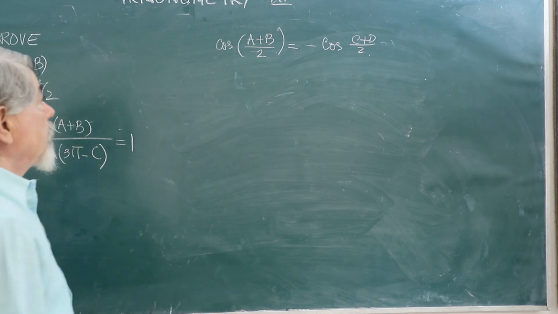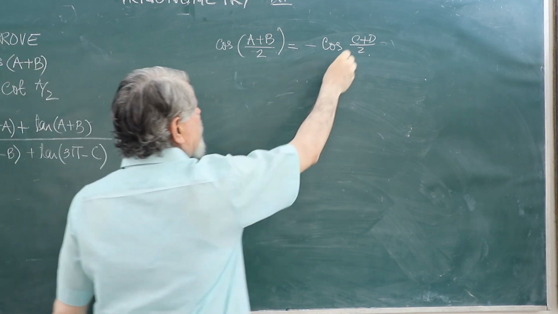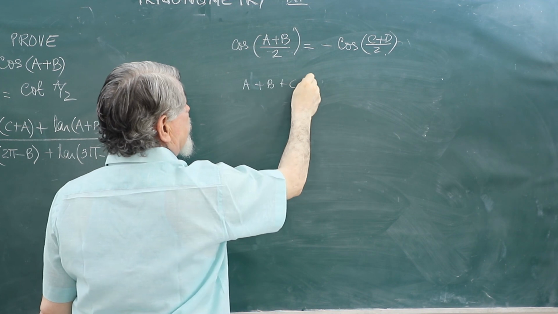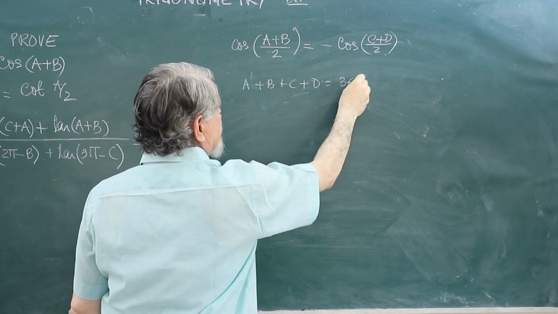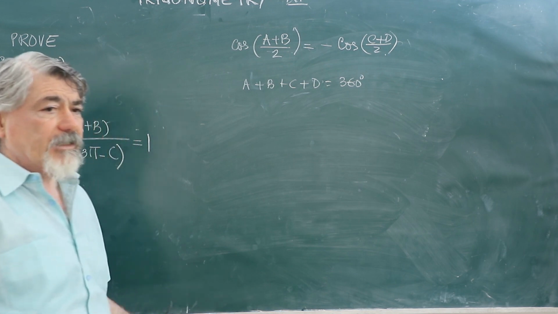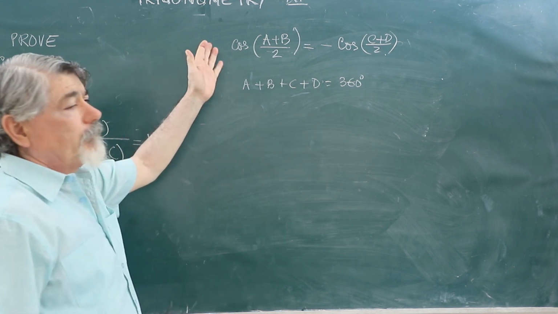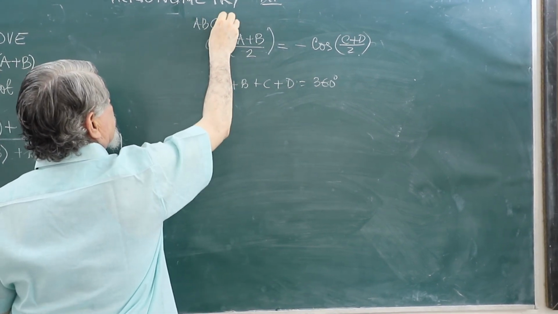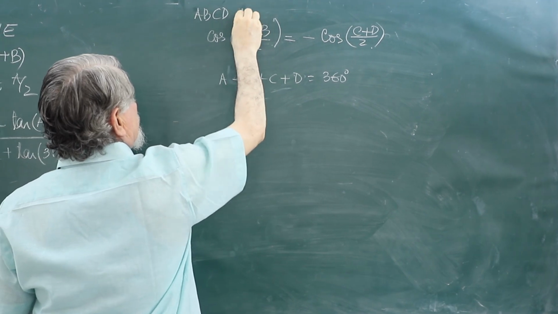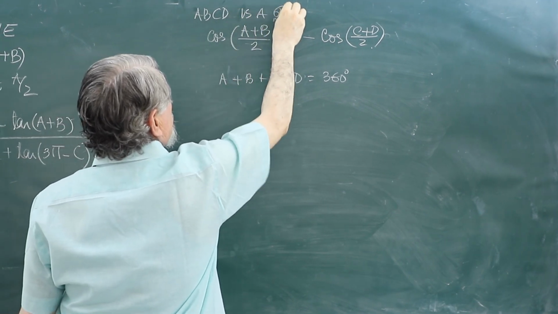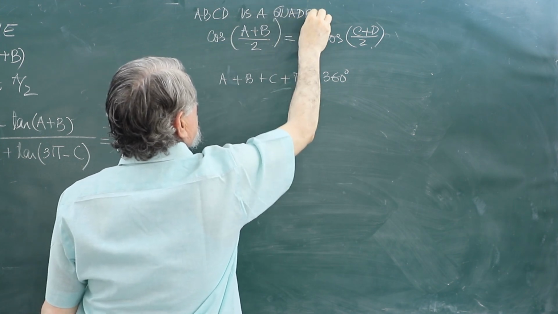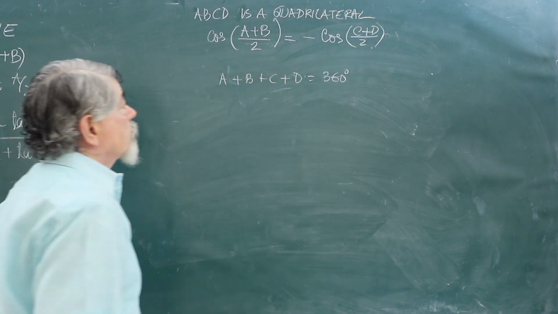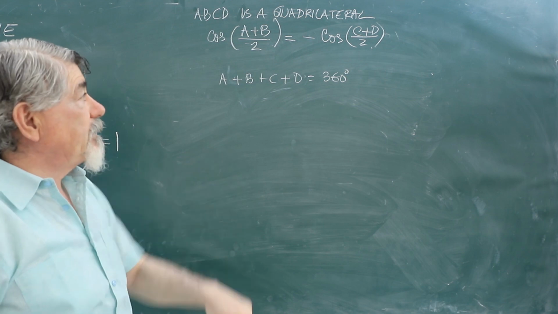Now let us see, because he said it is a quadrilateral, A plus B plus C plus D will be equal to 360 degrees. The sum of the interior angles of a quadrilateral is 360 degrees.